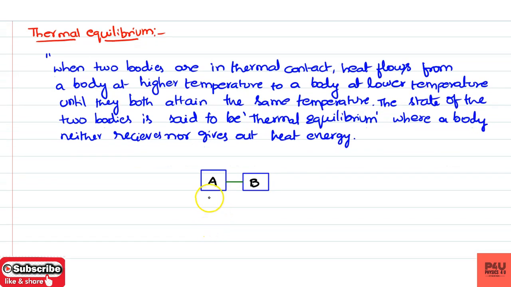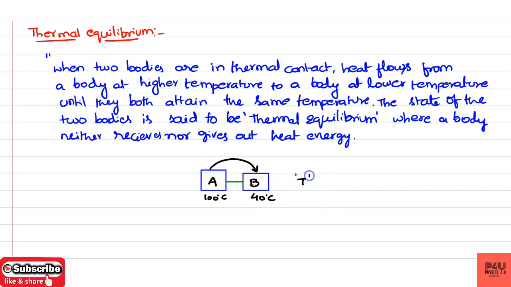This is at a temperature of 100 degrees centigrade. This is at a temperature of 40 degrees centigrade. So heat transfer is taking place from the hot body to the cold body, up to the point where both bodies attain the same temperature.